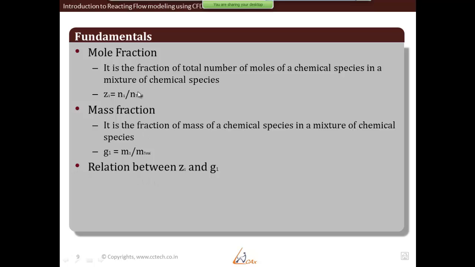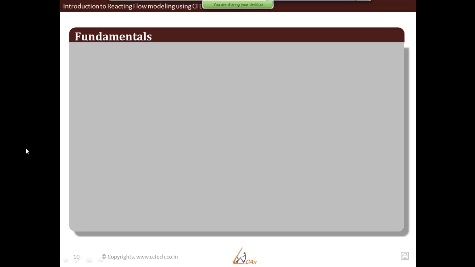Mass fraction is related to mole fraction, where we multiply the mole fraction by the molecular weight of that particular chemical species divided by the molecular weight of the entire mixture, where we define the molecular weight of the mixture as the summation of individual molecular weight multiplied by the mole fraction of that individual species. So that is how to make quantitative contributions of individual chemical species in a mixture of chemical species.